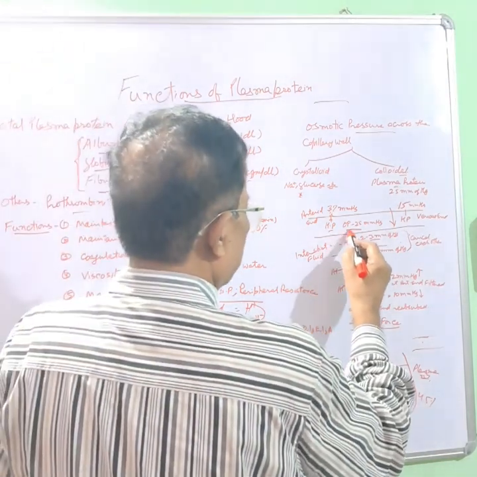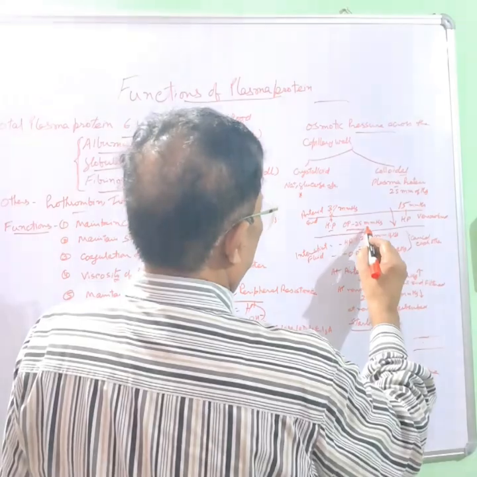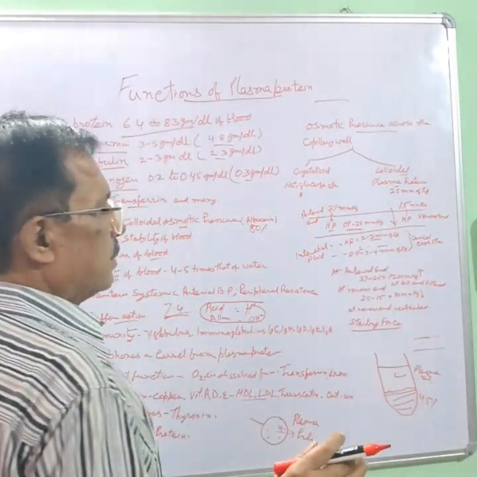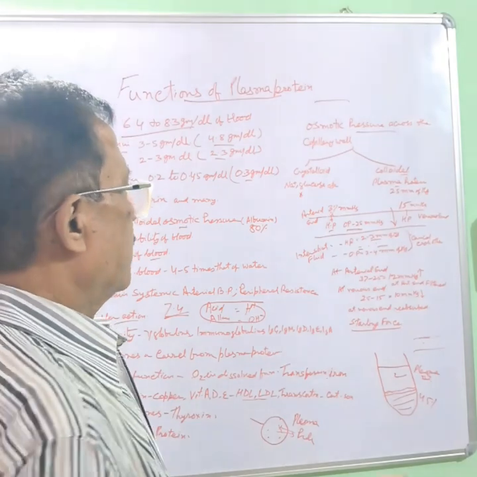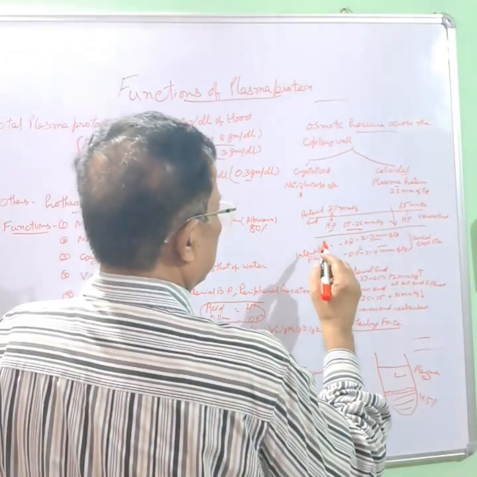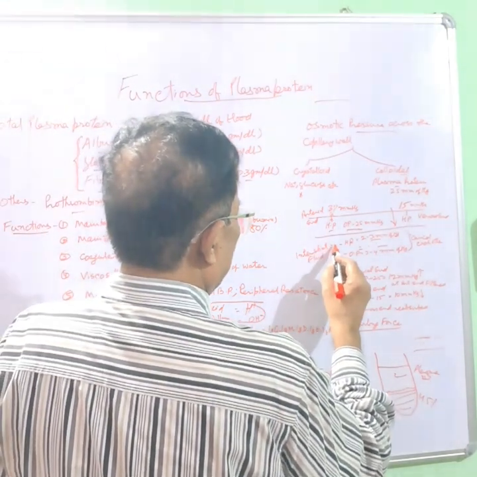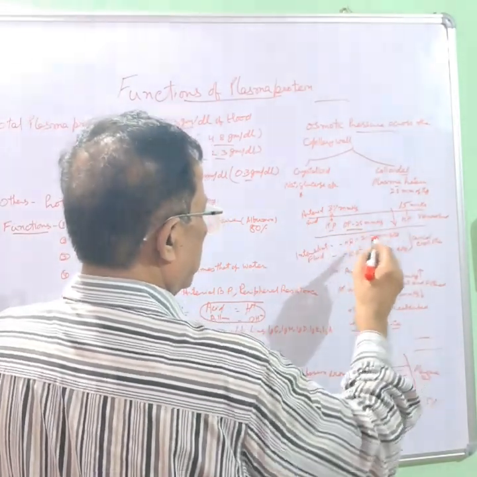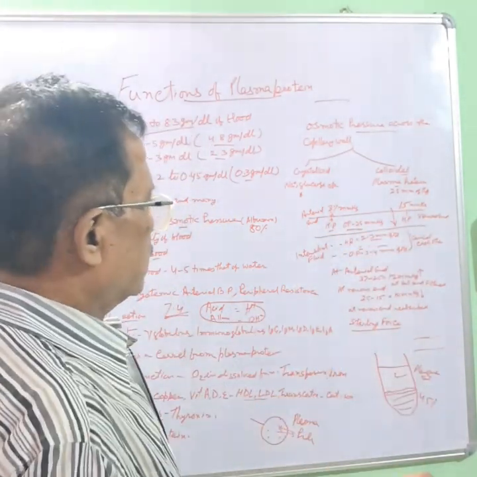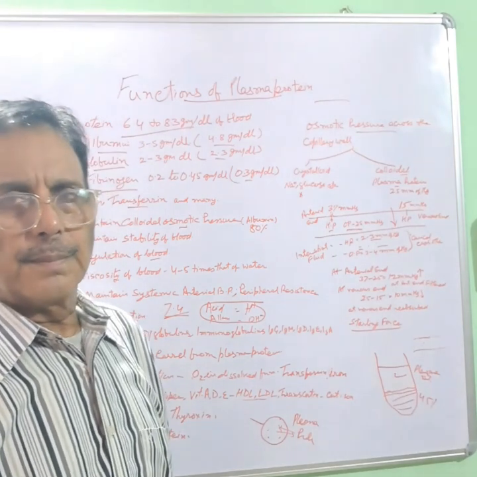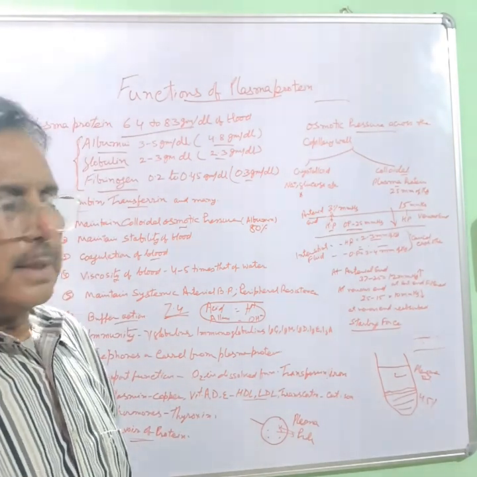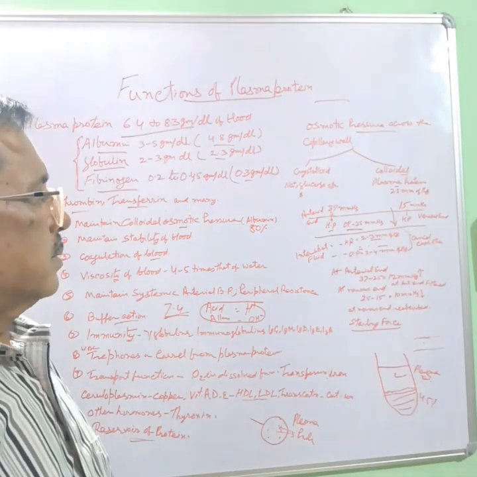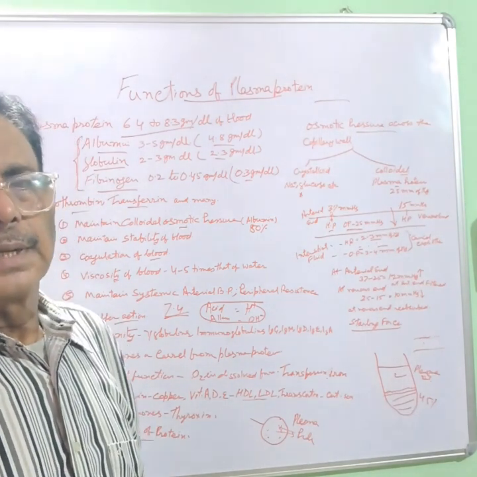But osmotic pressure is 25 millimeters of mercury throughout the capillary, in the normal case. Likewise, in the interstitial fluid surrounding the capillary, hydrostatic pressure is 2 to 3 millimeters of mercury and osmotic pressure 3 to 4 millimeters of mercury. They cancel each other.